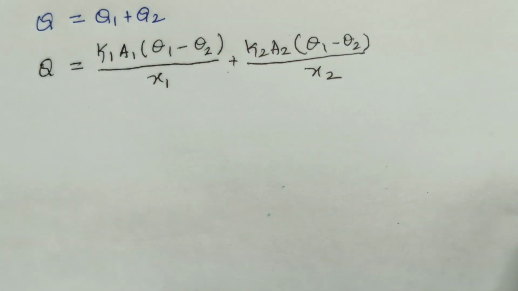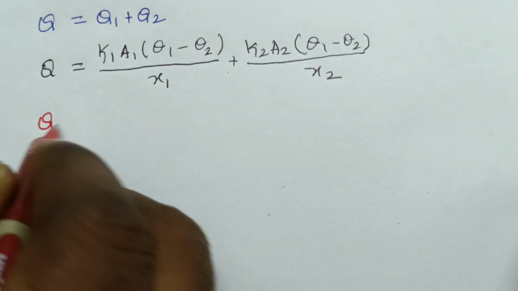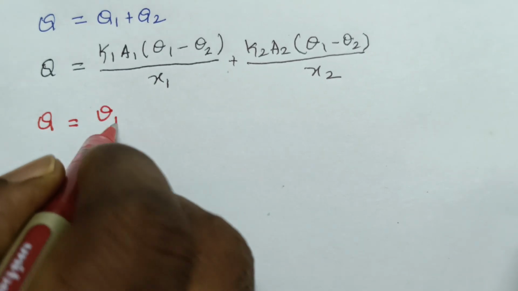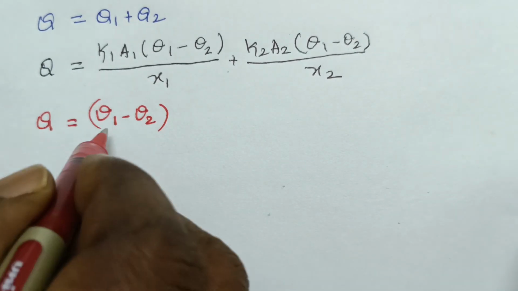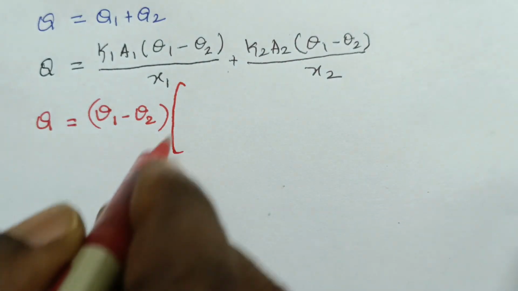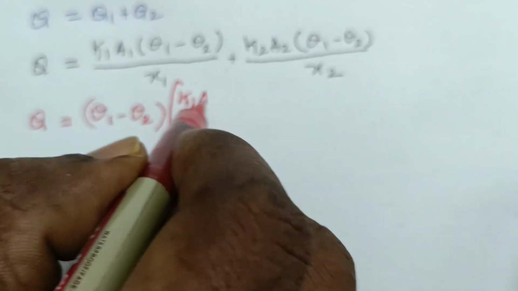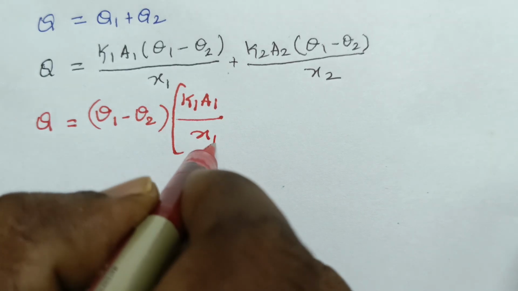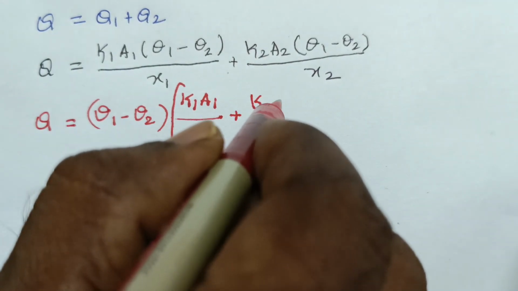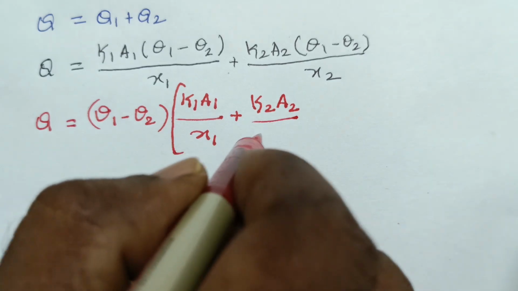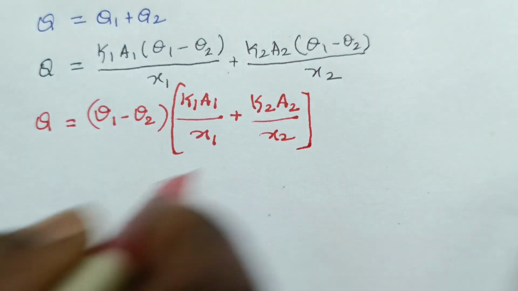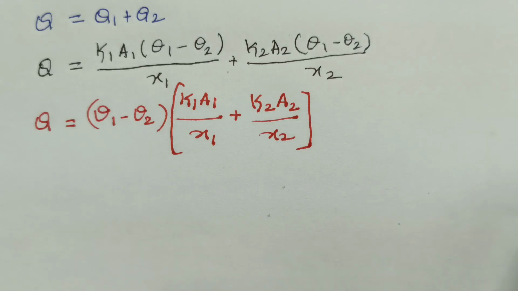Now the amount of heat flowing per second is Q is equal to the common term theta 1 minus theta 2 into K1 A1 divided by x1 plus K2 A2 divided by x2. This is the general equation for the amount of heat flowing per second in parallel composite slabs.